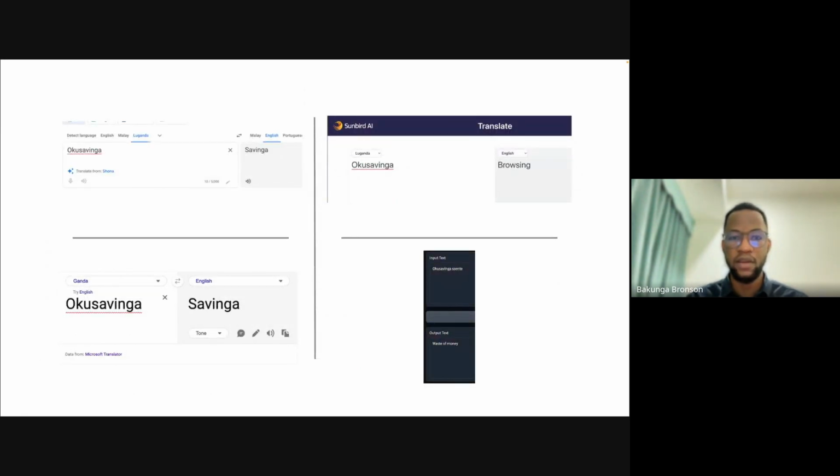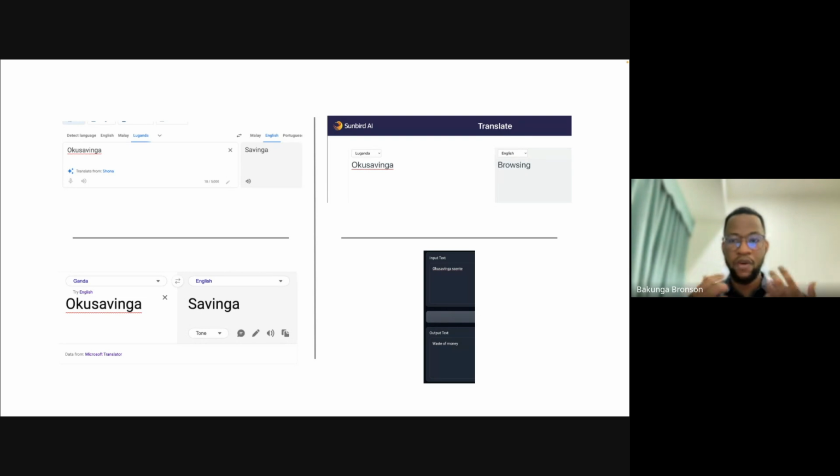You can see this is some of the different systems. So I'm showing you the exact same word. You've already seen it on the previous slide, so you know that it should be the word to save. But because of the fact that it is code mixed, and many of these different translation systems do not have the ability to pick up on that, they will either give you the exact same word, simply cut off, or even assume that it is a different word, or even give you the wrong form.